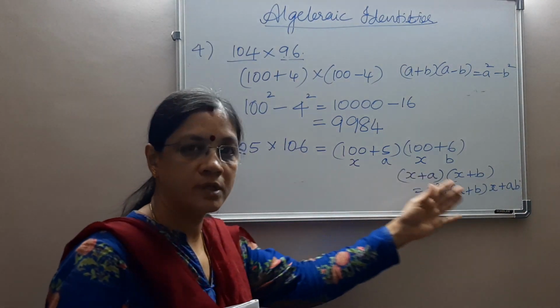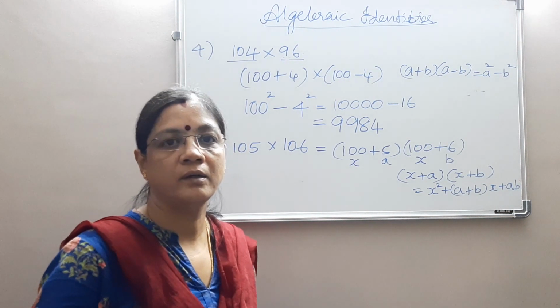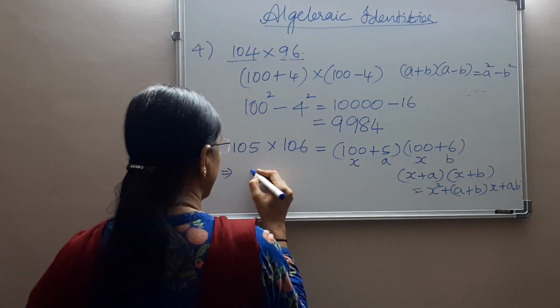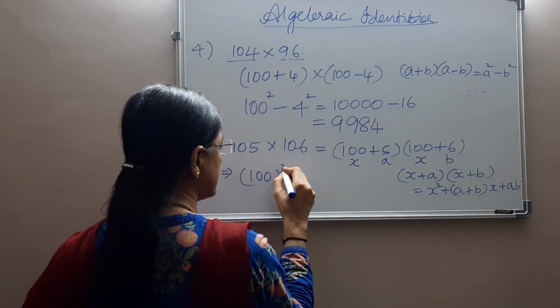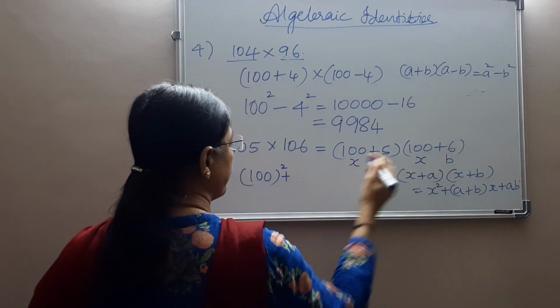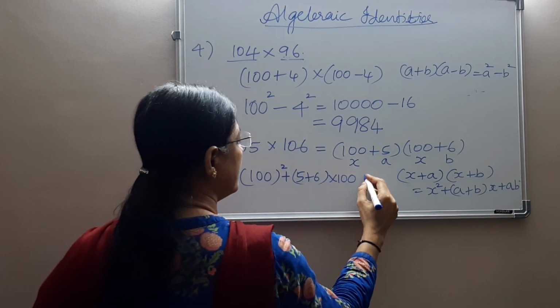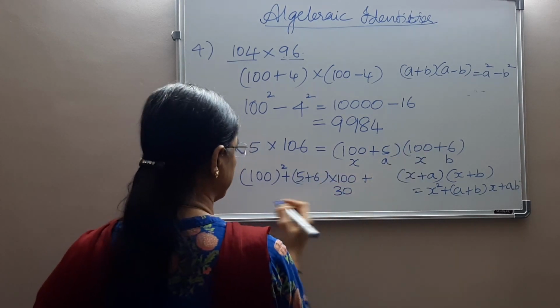Whatever you are going to do, you justify that with the algebraic identity with which you are going to solve the problem. So this becomes 100 squared, that is x squared, plus, what is a plus b, 5 plus 6 into x, that is 100, plus what is ab, that is 30.